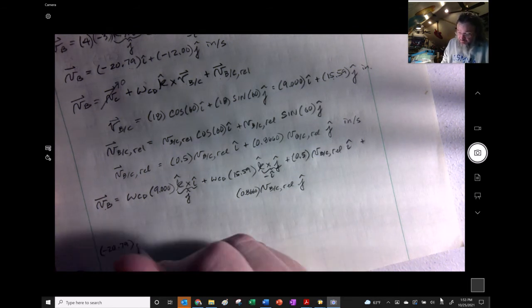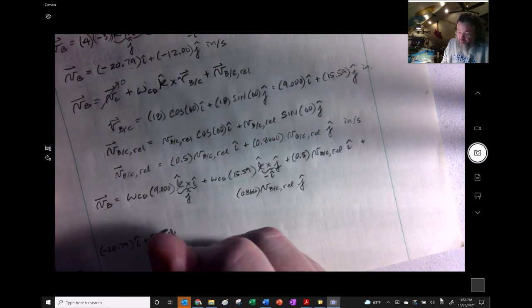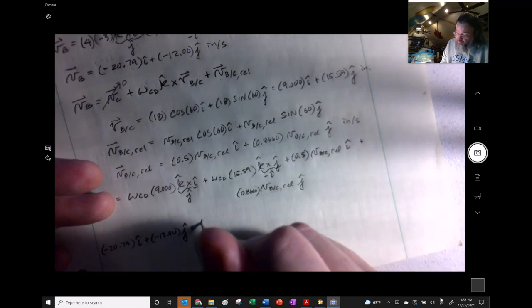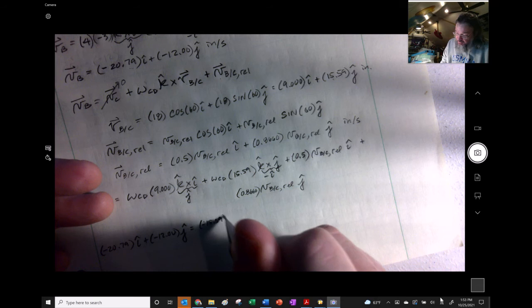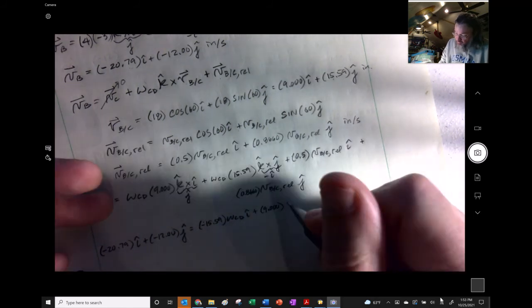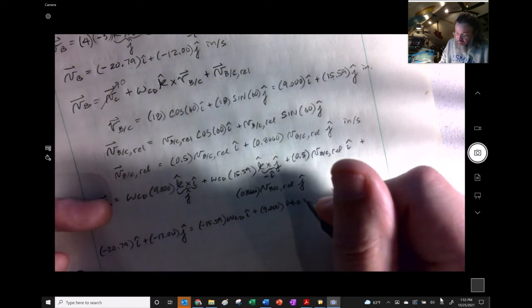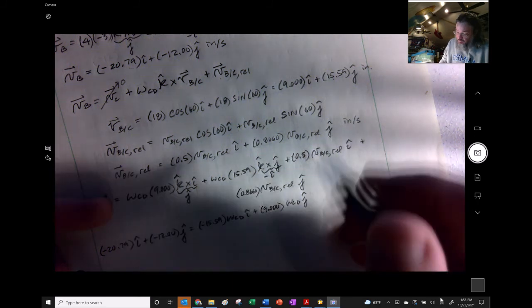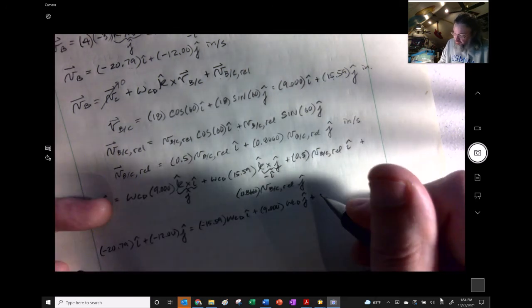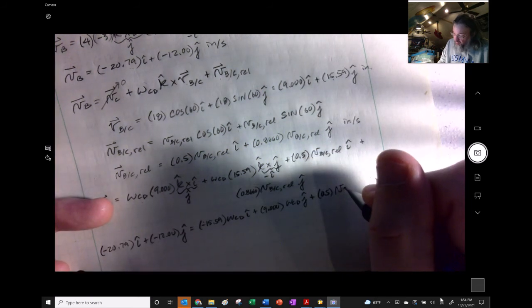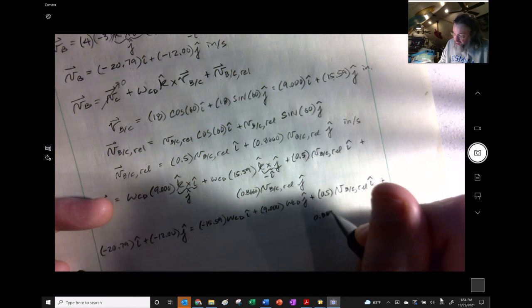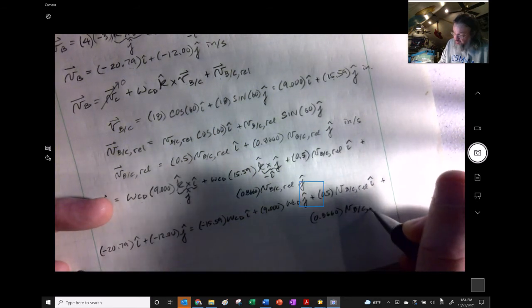Negative 20.79 I plus negative 12 J is going to be equal to, and I'll put them in this order right here, negative 15.59 omega CD I plus 9 omega CD J, and then plus 0.5 VB with respect to C rel I plus 0.8660 VB with respect to C rel J.